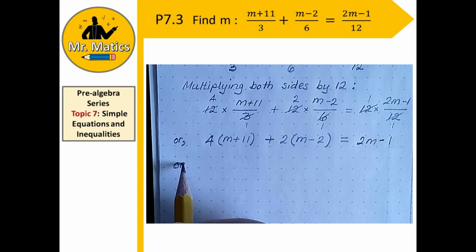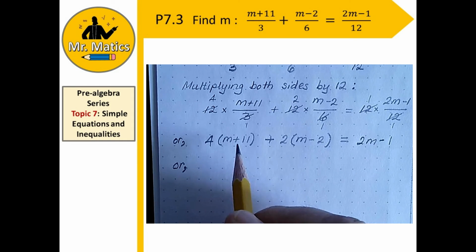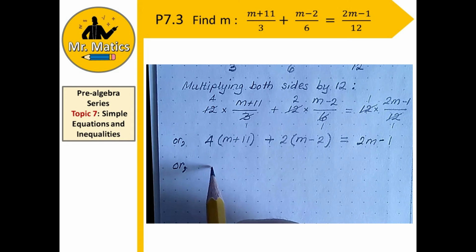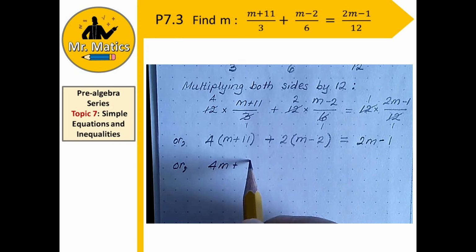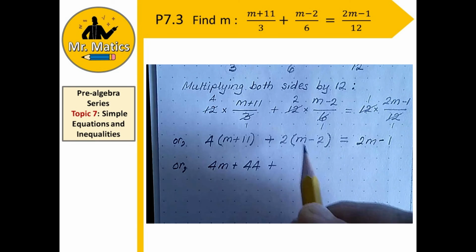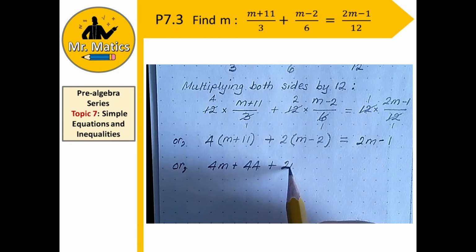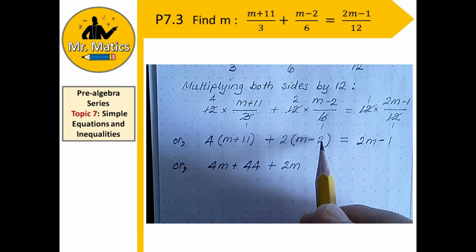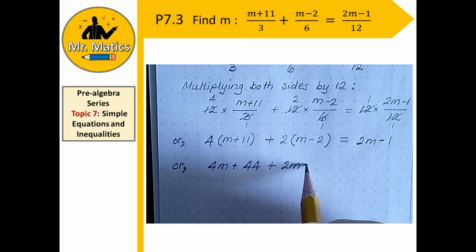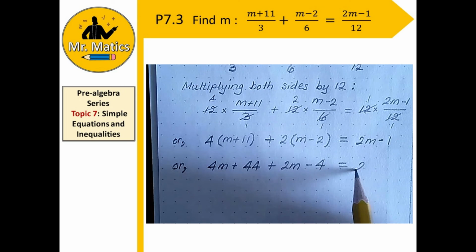Now we take the brackets out. 4m plus 44, plus 2m, and then 2 multiplied to minus 2 will leave minus 4, equals 2m minus 1.